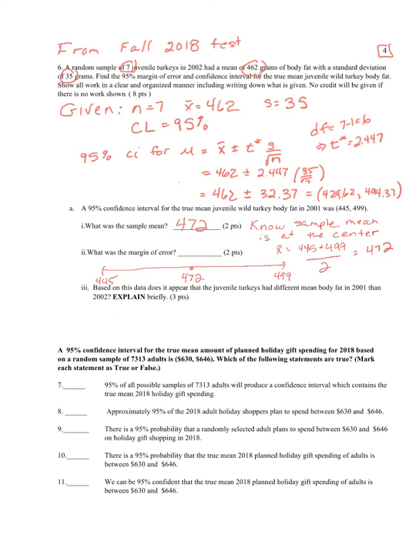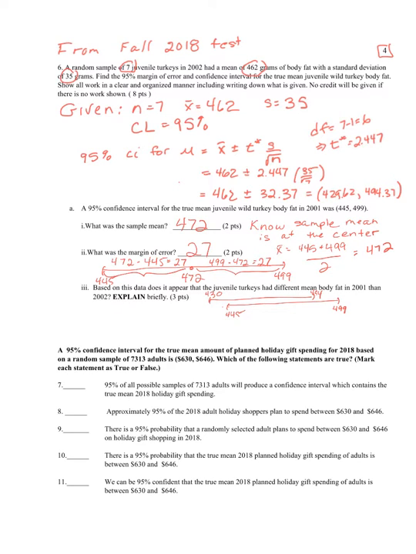And the margin of error is the number we added to 472 to get to 499, and we subtracted from 472 to get to 445. So there's multiple ways we can find this. For example, we could do 472 minus 445 equals 27, or we could do 499 minus 472 equals 27.